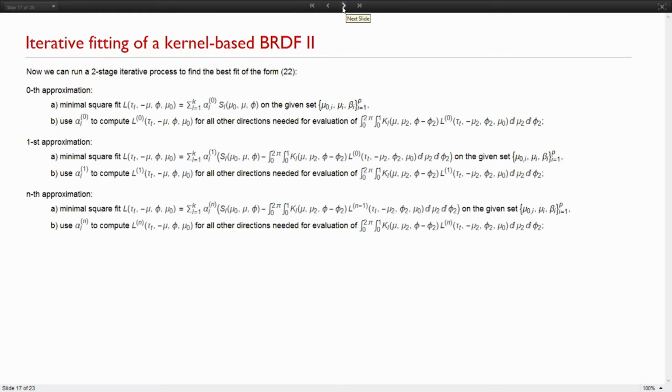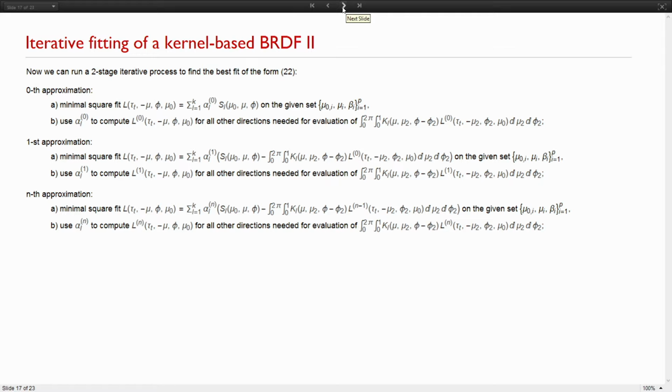And the iterative approach for this problem is 2-stage. At any iterative step, we have to perform 2 operations. First, we need to find the minimal square fit of reflected radiance. As the initial guess, we use only source functions.